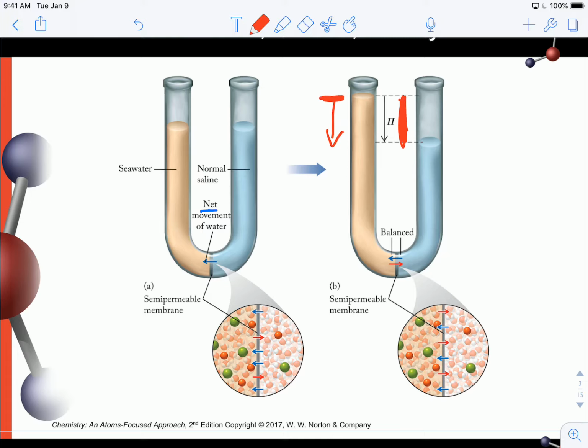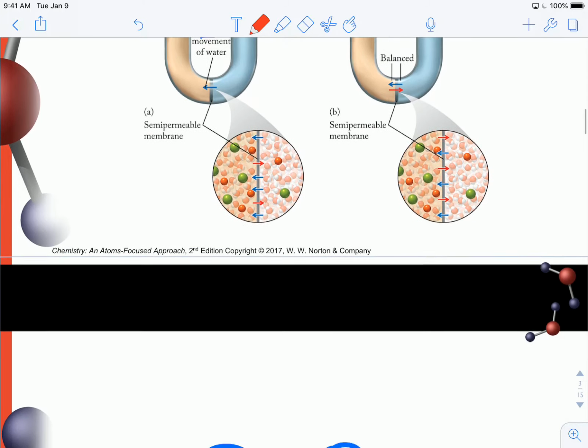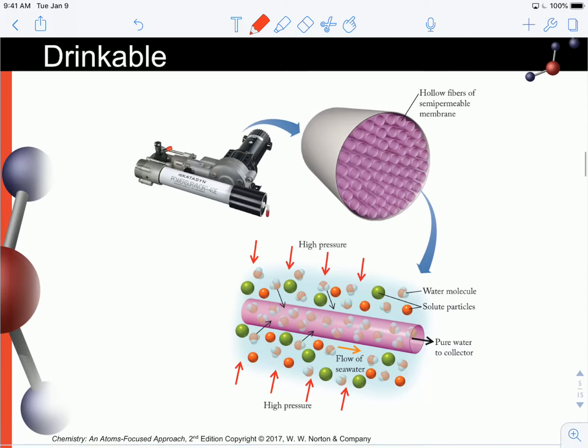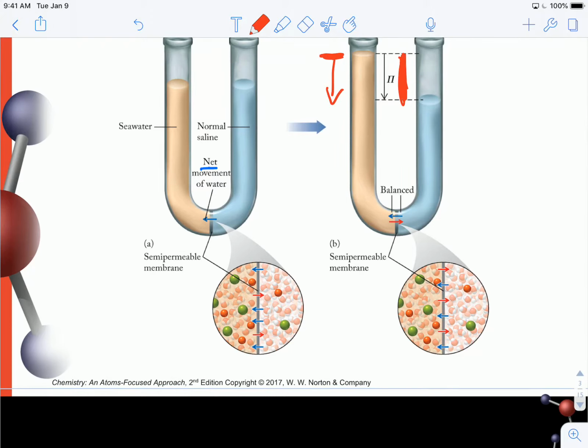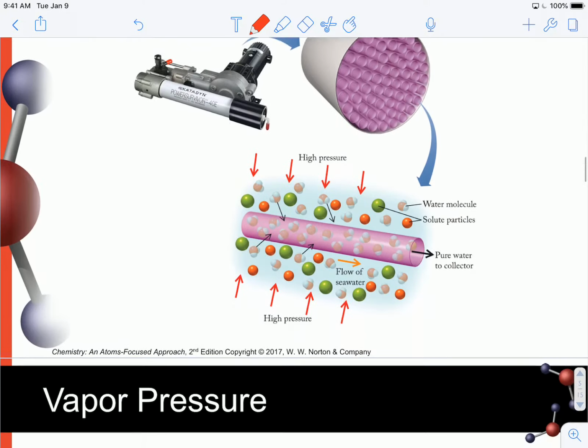That's why I'm not showing the equation. We can apply a pressure greater than the osmotic pressure, and what you wind up getting is fresh water over here, and you're left with just a salty brine over here, and this becomes drinkable water. And we use that process for making water.